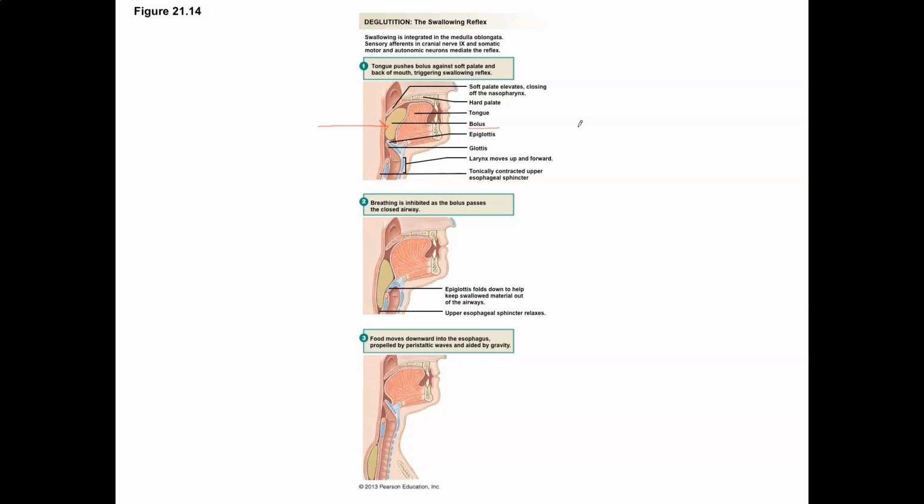Swallowing begins as a voluntary process. You choose to swallow, and then it switches into an involuntary response of musculature. So basically, you have the ability to initiate the swallowing process. We do that through the glossopharyngeal nerve, which is cranial nerve number 9.